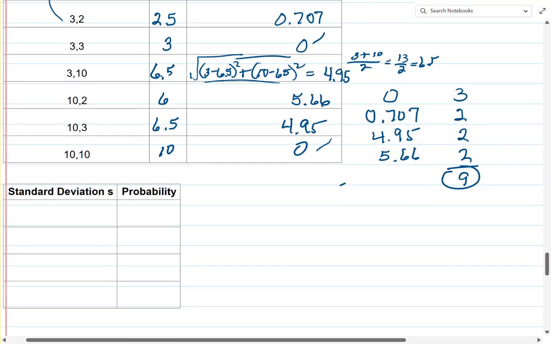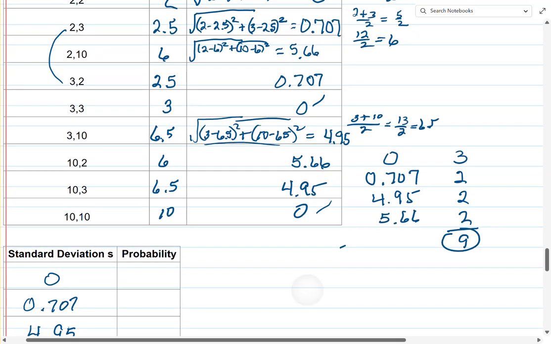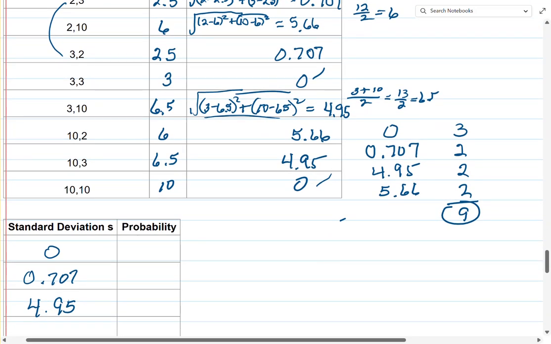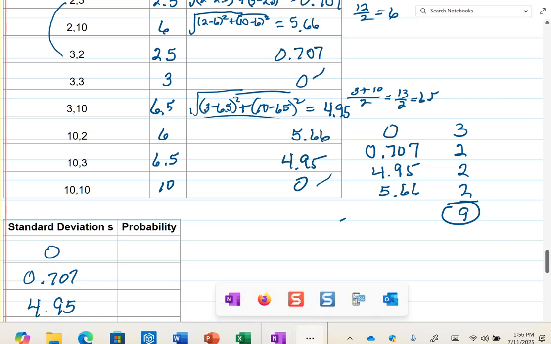Now we're going to do the probabilities of the standard deviations. Okay, so I have 0, 0.707, 4.95. I should have done 3, huh? I should have. Well, that's okay. I think we should have done 3 on that one. Let me look at my calculator.